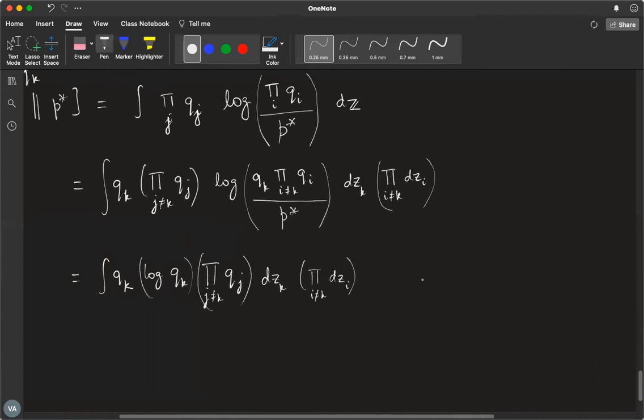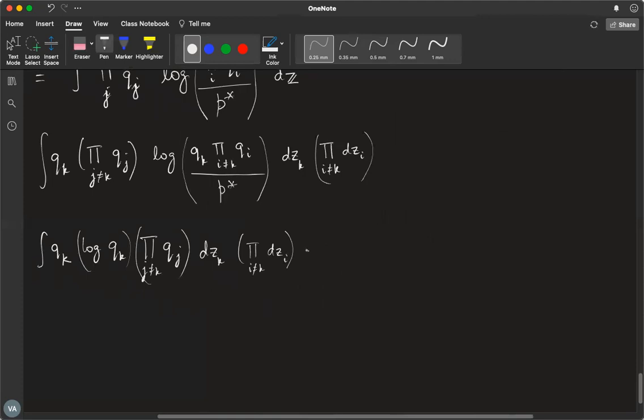So this becomes plus the remaining term, this whole thing comes: qk times product over I not equal to k qi, right, times log of product over I not equal to k qi.